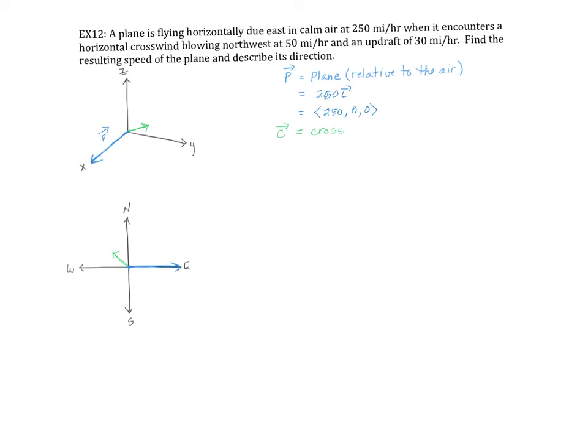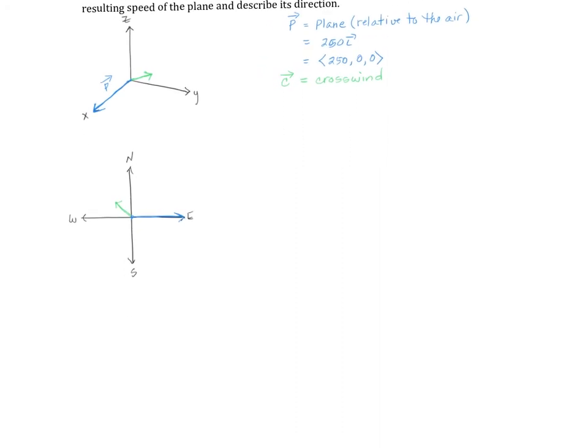And I'm going to write the vector representation of my crosswind, but I need to figure out, I'm going to use angles, okay? I know the magnitude is 50. So if I were to look at the angle, it should be 135. And here we're in degrees, which means my vector for the crosswind is going to be magnitude cosine 135 i.